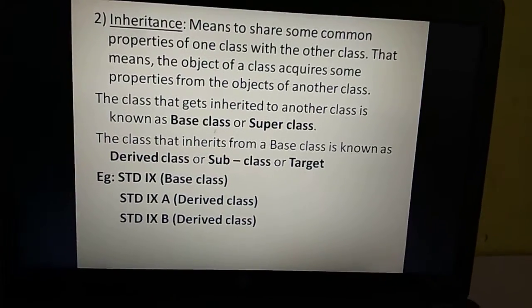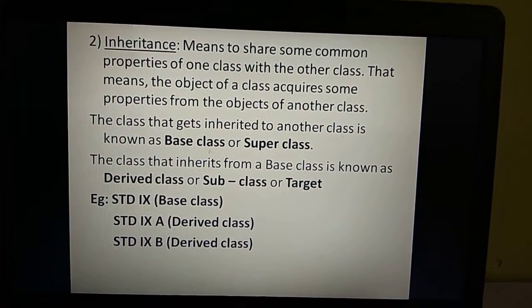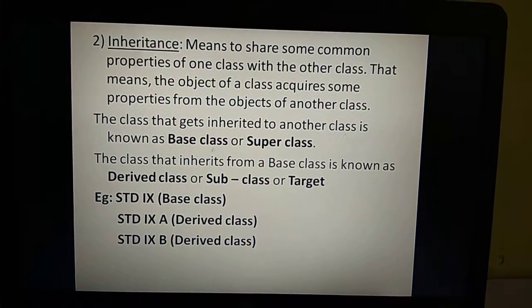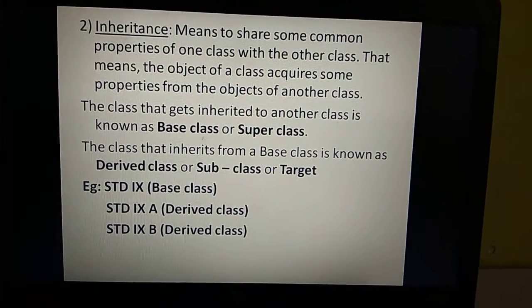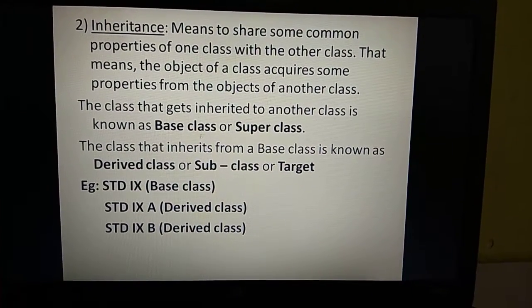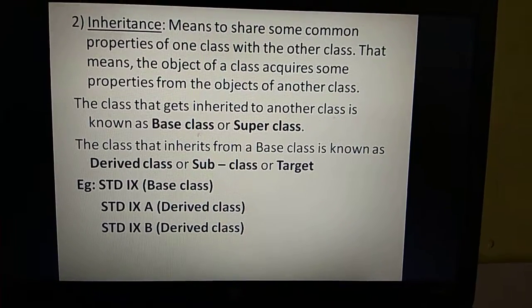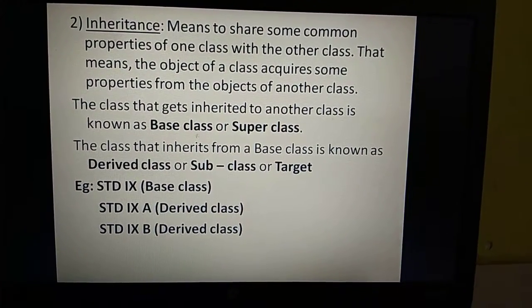Now, coming to inheritance, it means to share common properties of one class with another class. That means the objects of one class acquire some properties from the objects of another class.